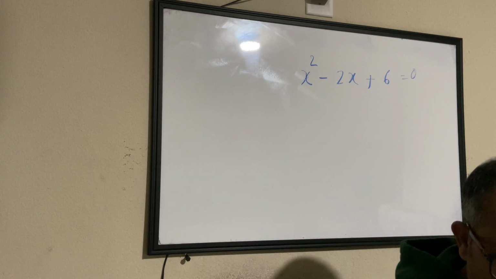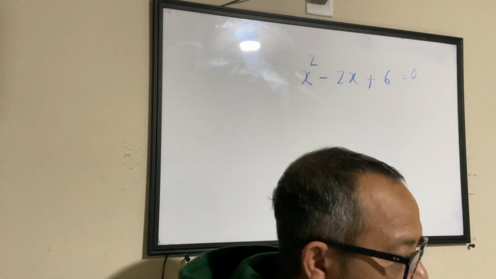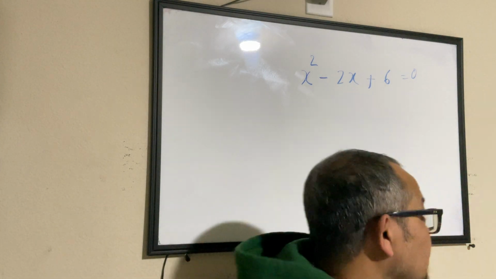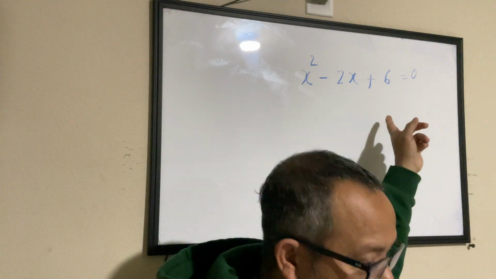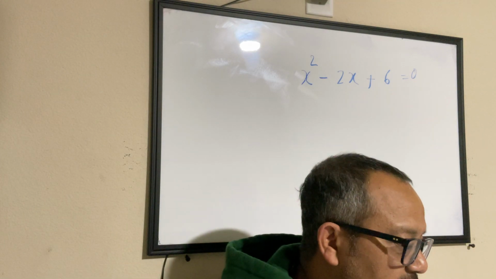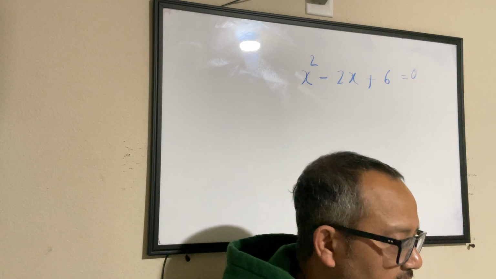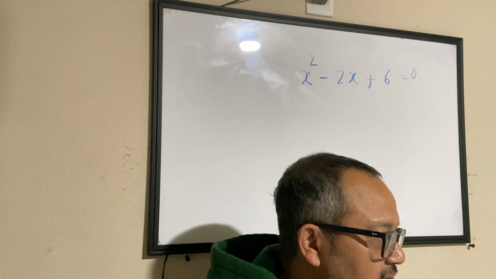Wait, what are we trying to find in this question? Just try solving this quadratic equation. The only clue we have is that this is going to give you a negative square root scenario. That is where you'll apply the concept of complex numbers that we learned yesterday. So you just want two solutions? Yes, find out the solution for x.